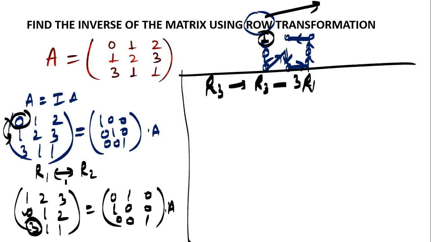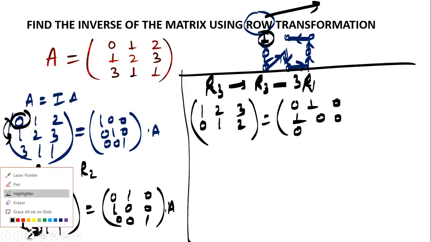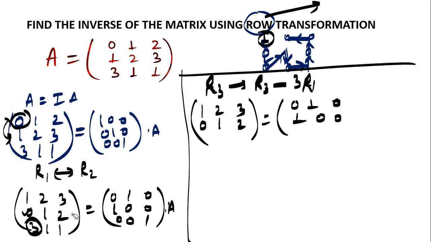No change in R1 and R2, on both the sides. 0, 1, 0, 1, 0, 0, 0, no change over here, into A.